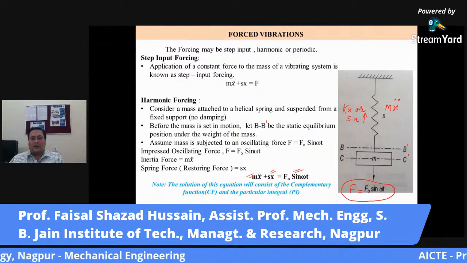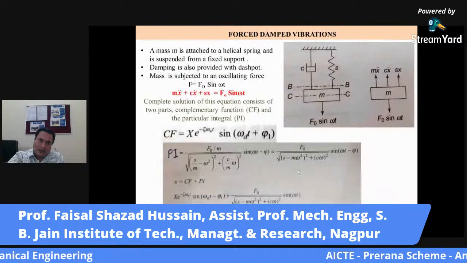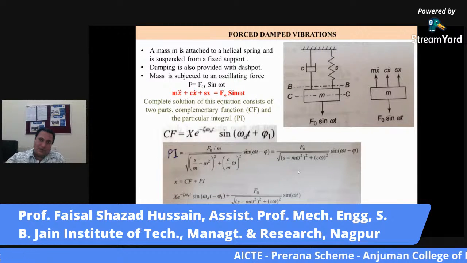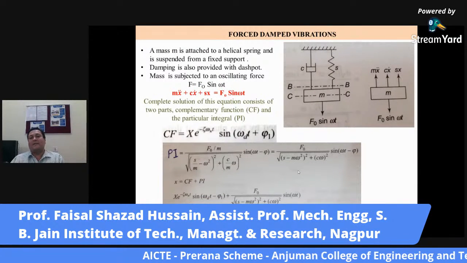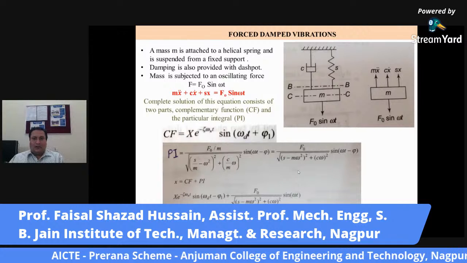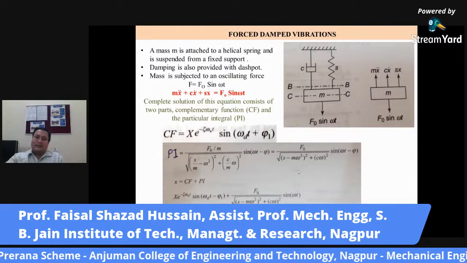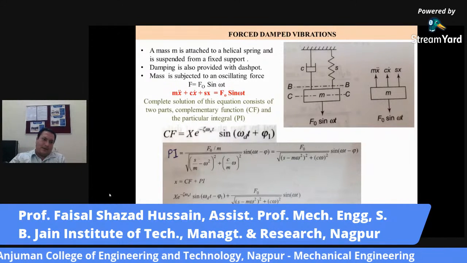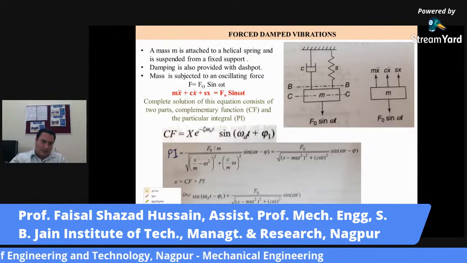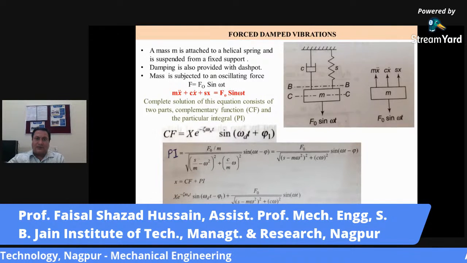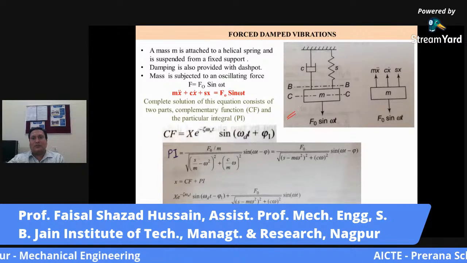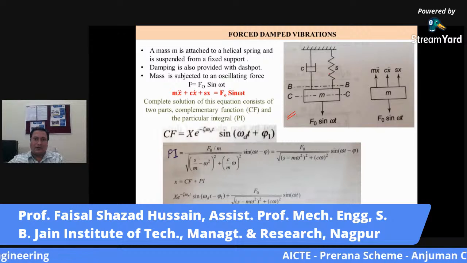Okay. Now let us move to the forced damped vibration part. Now see students, in this figure you can see a spring mass system and a damper, and this is the free body diagram.